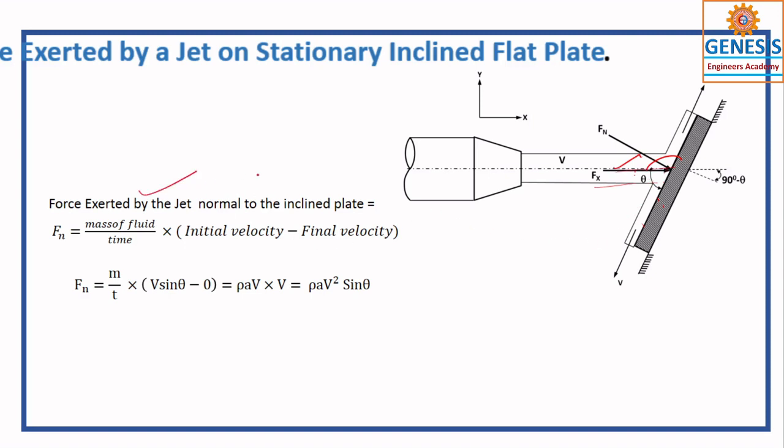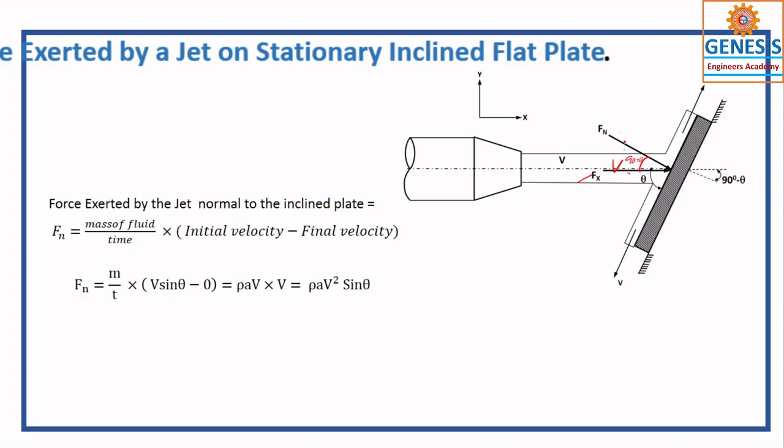Okay. So the force exerted by the jet normal to the plane. So that is the task here. So this is Fx. This is the direction of the velocity, and this becomes 90 minus theta, or otherwise you can take that Fn.